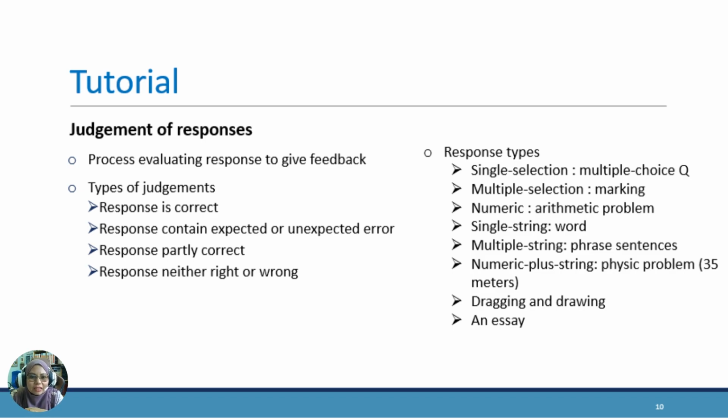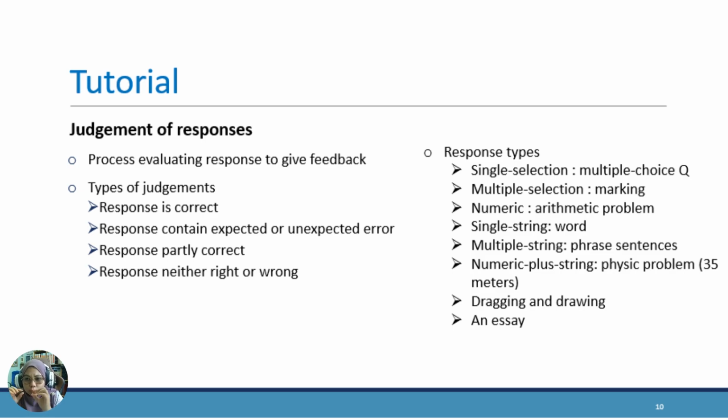So for response types, here we can see either single selection or multiple choice. You have answers A, B, C, and D, and so on. For multiple selection marking, you have to use what is called a check box. And then numeric for arithmetic problems, mathematical equations and so on.